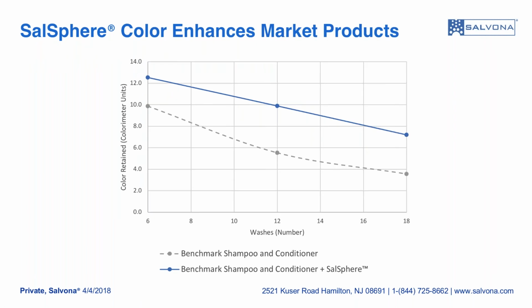The same picture we see also with the benchmark. The benchmark, which is the market product, with the technology scores higher than without the technology. So technology in both cases added a value to the product.